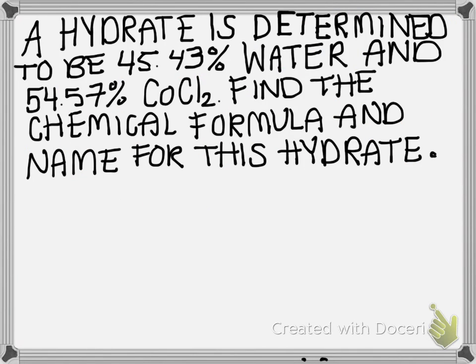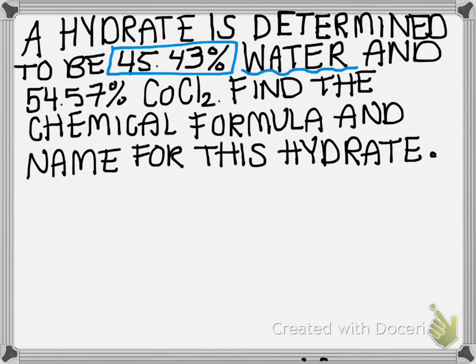This is the first problem. A hydrate is determined to be 45.43% water and 54.57% CoCl2. Find the chemical formula and name for this hydrate. This question has two important pieces of information that we're going to need. The first is that the percent of water is 45.43%, and that's the water.